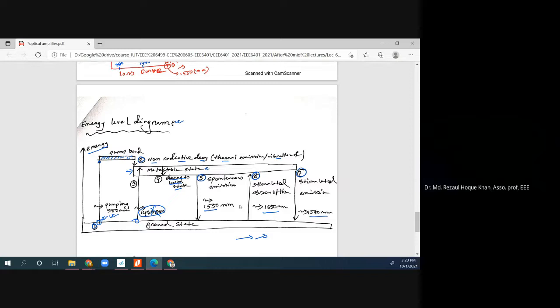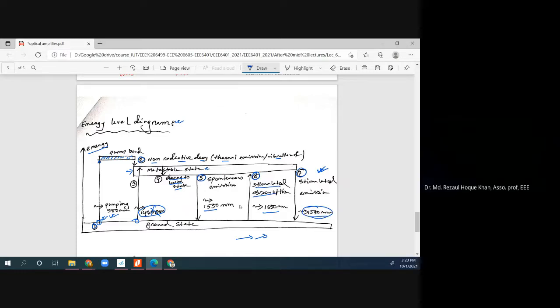In a laser, absorption happens, spontaneous emission happens, and stimulated emission happens. If it's stimulated emission, then we get the laser. This is the only portion that will be amplified, and stimulated absorption and spontaneous emission, these two, will add noise in the system.